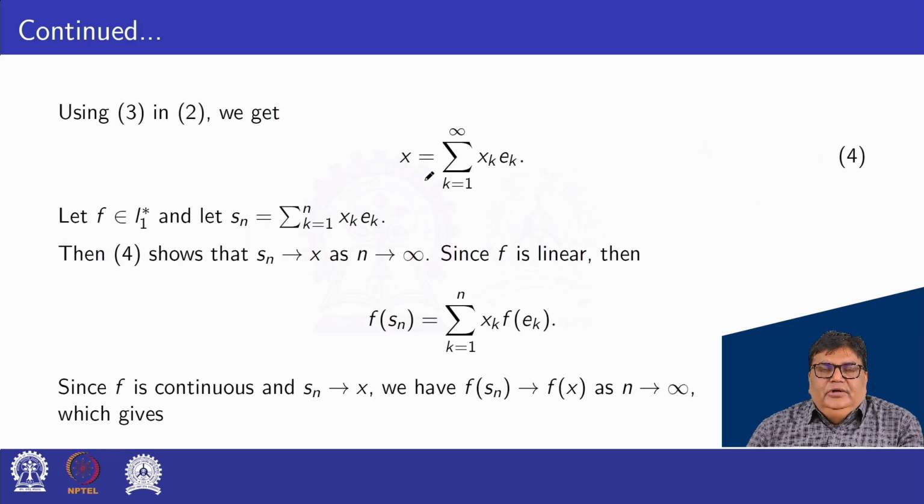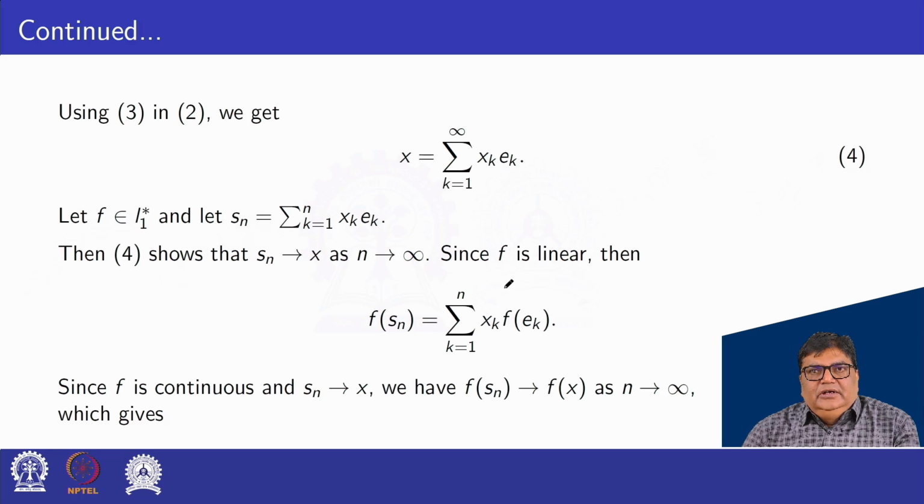Hence, x is equal to summation k equals 1 to infinity of xk ek. Equation 4. If f belongs to L1 star and Sn is the summation k equals 1 to n of xk ek, then equation 4 shows that Sn converges to x as n tends to infinity.